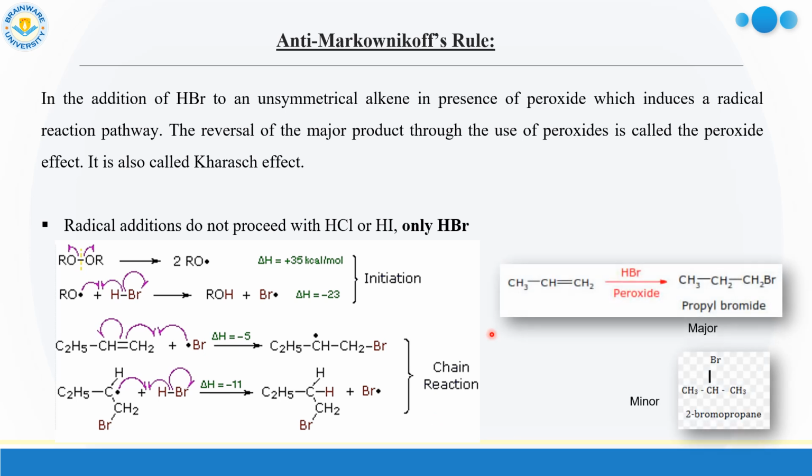As a simple example, here also I have chosen propene and HBr with peroxide, where 1-bromopropane will be the major product and 2-bromopropane the minor product. That is just the reverse of Markovnikov reactions.